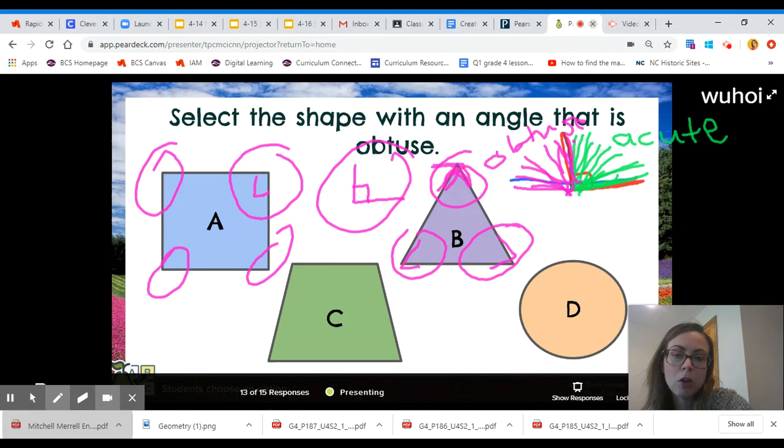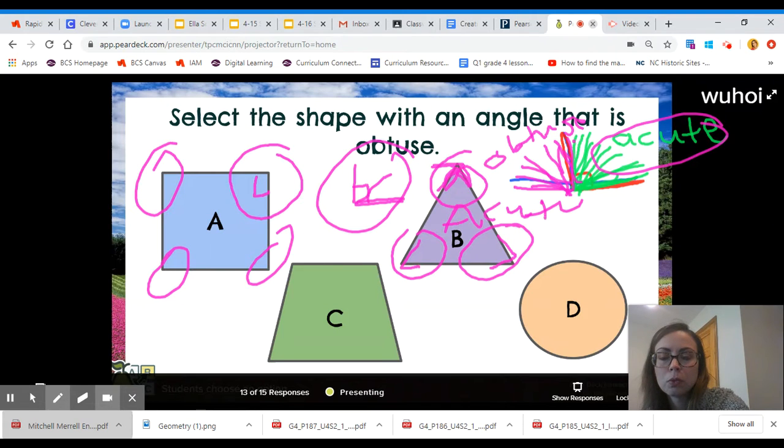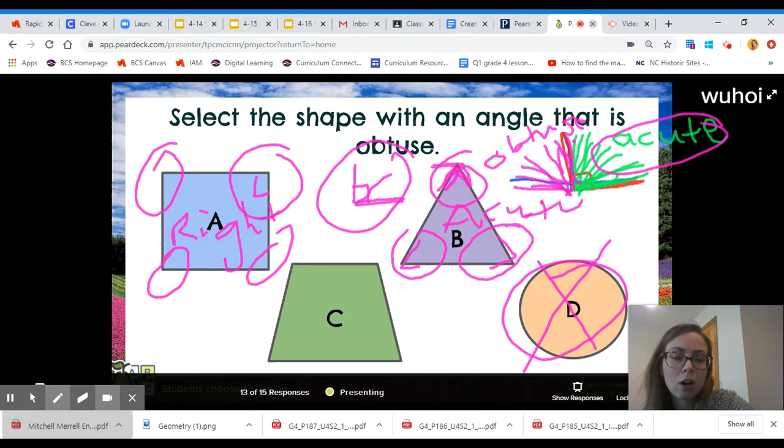That looks smaller. It almost looks like a 45-degree angle halfway between there. That means that these would be acute angles. Those are acute. These are right angles. Now this one has no angles at all.